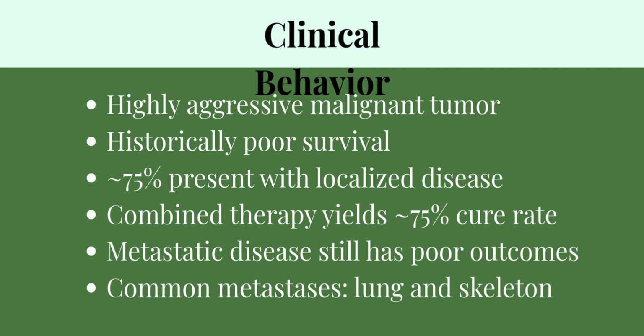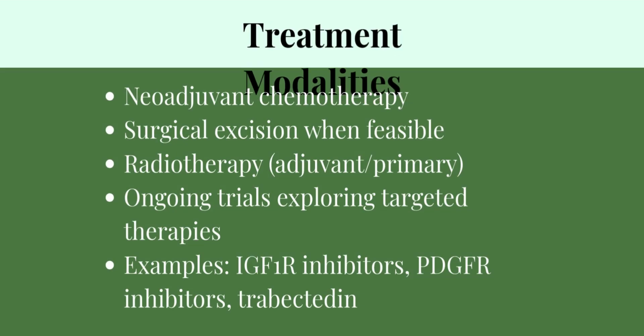Today, approximately 75% of the patients with localized disease can achieve cure through multimodal therapy including chemoradiotherapy and surgery. However, those presenting with metastatic disease still experience poor outcomes, with lungs and bones being the most common metastatic sites.